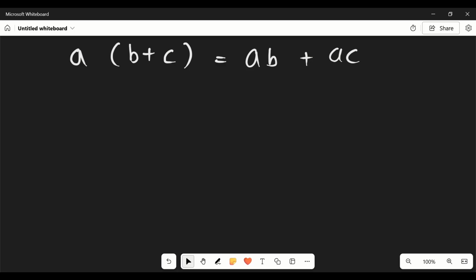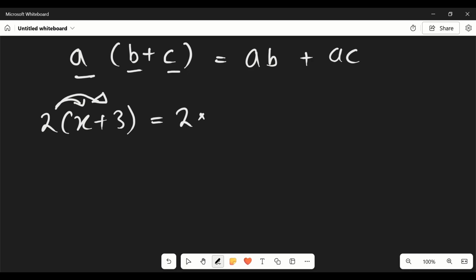This is extremely important. Here's the rule. If you have an expression that looks like this, you just multiply the outside into everything on the inside. For example, if you have a problem like this, first you multiply 2 into both of them. So you get 2 times x plus 2 times 3. So you get 2x plus 6.